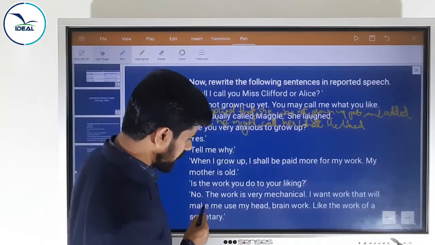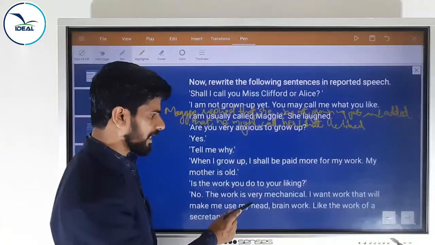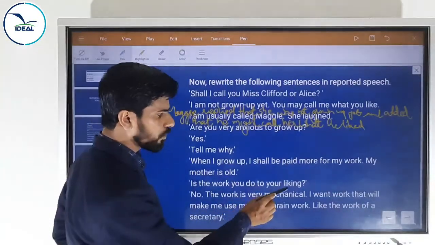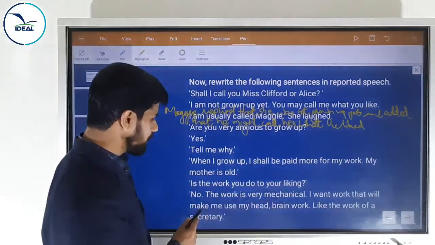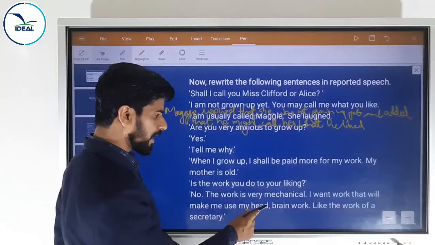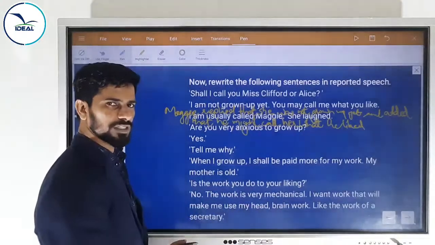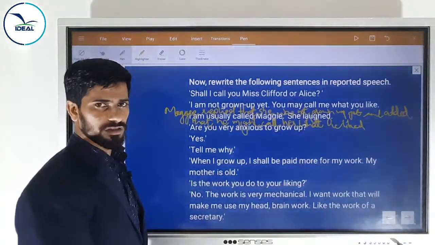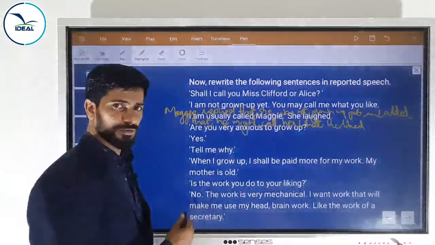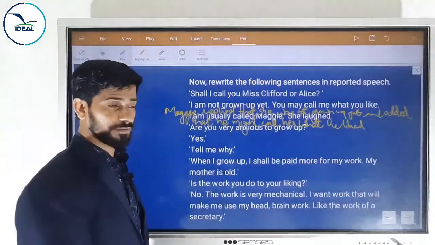And added that the work was very mechanical and she wanted work that would make her use her head, brain work, like the work of a secretary. That's how you can convert the sentence. Hope you understood. If you didn't, just rewind the video, listen carefully and try to do it by yourself.